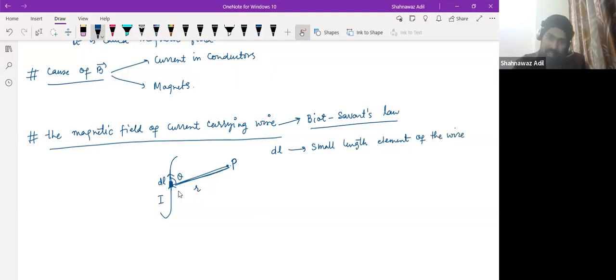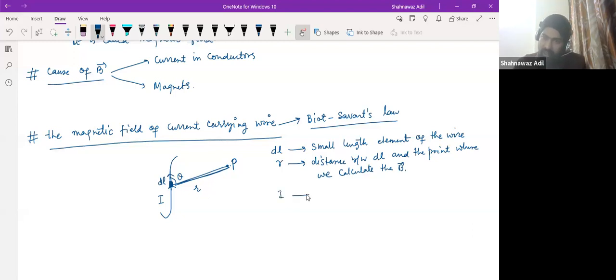And then I have this r, the distance between dl and the point where we calculate the magnetic field.